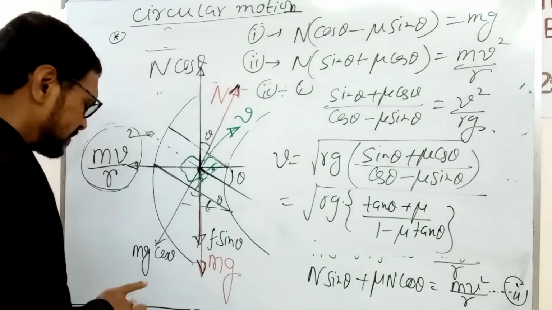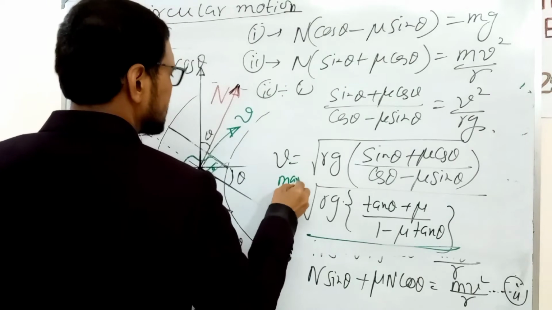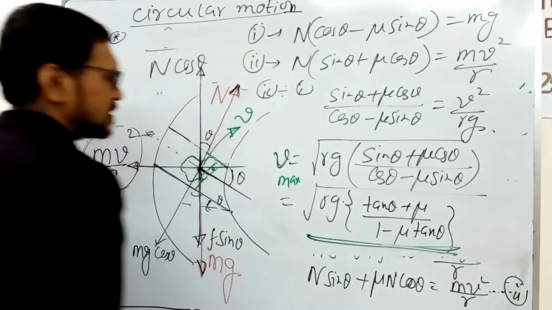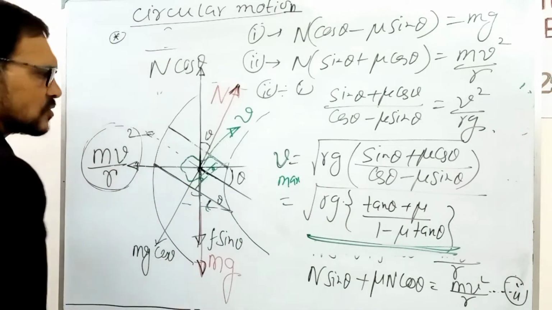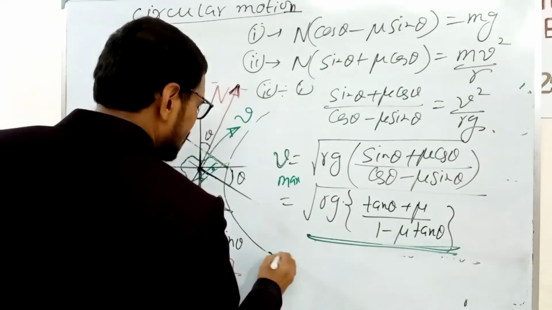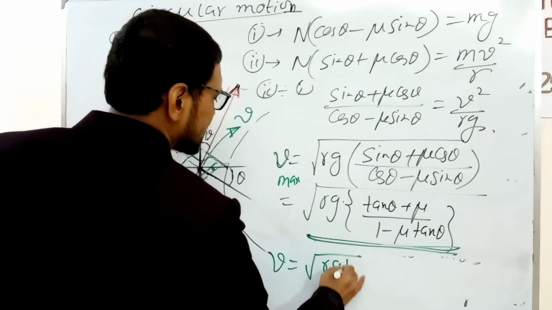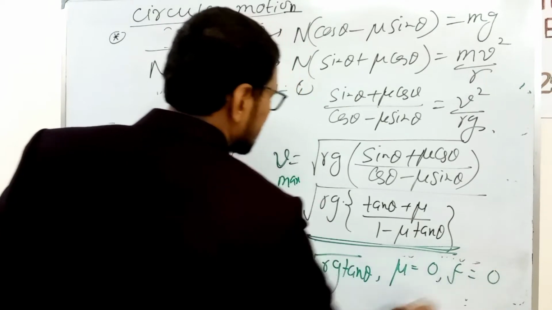So this is the answer, the maximum velocity, v maximum. This is the formula. If mu equals 0, we get v equal to root over rg tan theta. So when velocity equals root over rg tan theta, friction is 0.